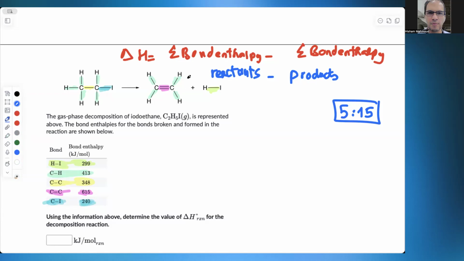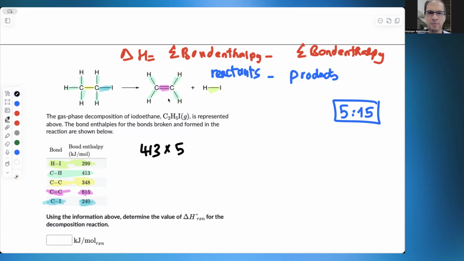Okay, so let's have a look why it's not coming out correctly. So I have here the reactants, which is this one, the yellow one. So 413, that's the C-H, but this is multiplied by how many times? This is multiplied by 1, 2, 3, 4, 5.